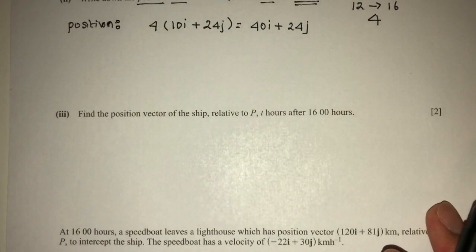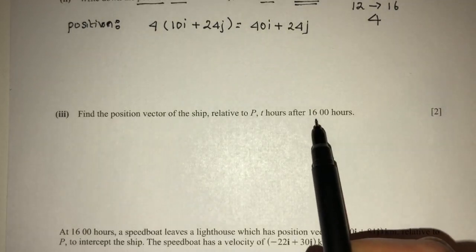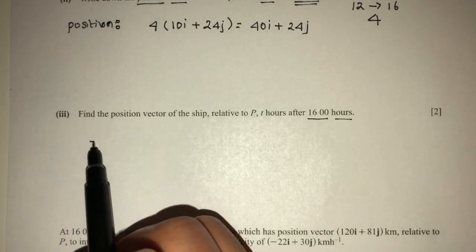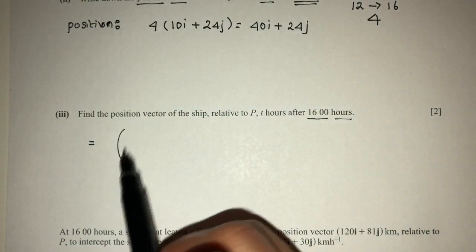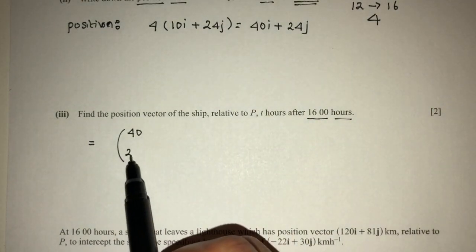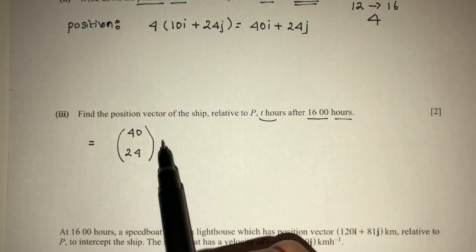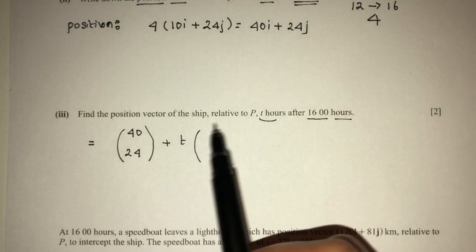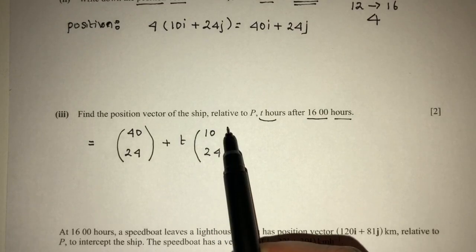Now for part 3, find the position vector relative to P t hours after 16 hours. Pretty easy. The initial position was at this one, which is 40, 96. That was the initial position. And then t hours after will be plus t times the velocity, given by 10 and 24, as we have seen from part 1.